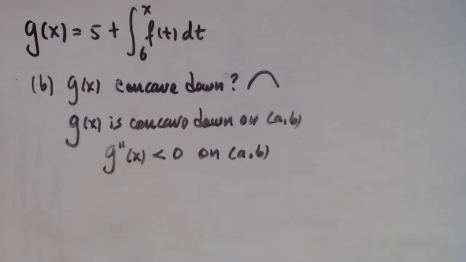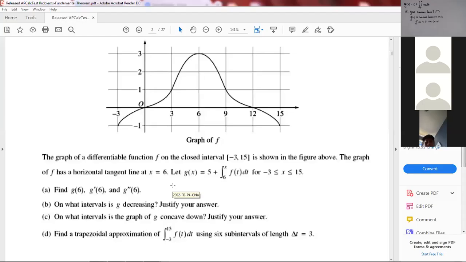So this is the criteria we have to look at. G of X is concave down in an interval if the second derivative is negative on that interval, right? Okay. Let's check the graph right here.